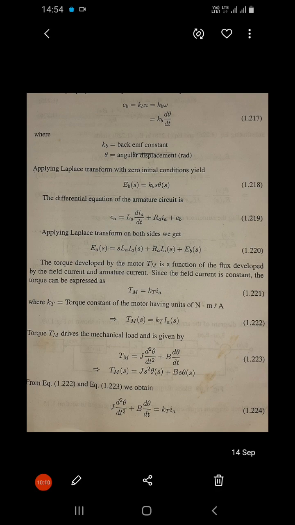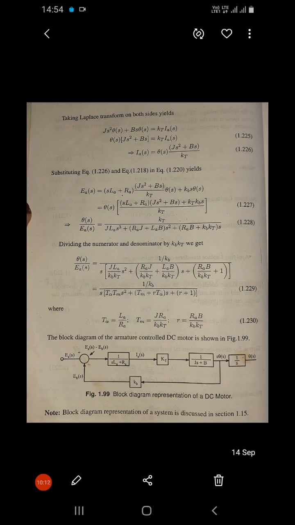What is the equation after substituting equation 1.226 and equation 1.218 in equation 1.220?